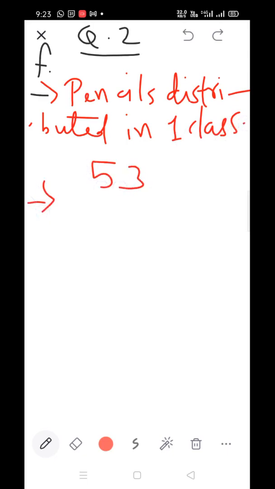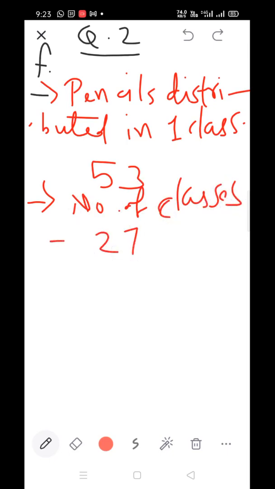Then second sentence, number of classes, that is the 27.